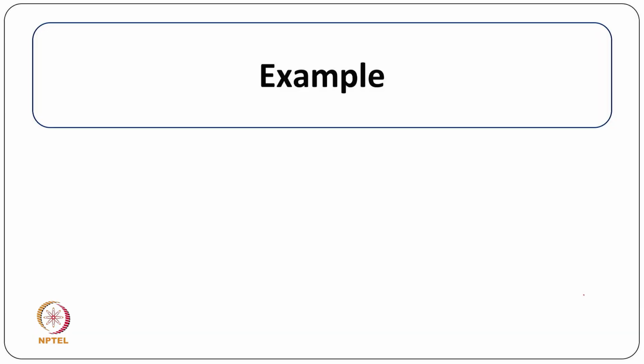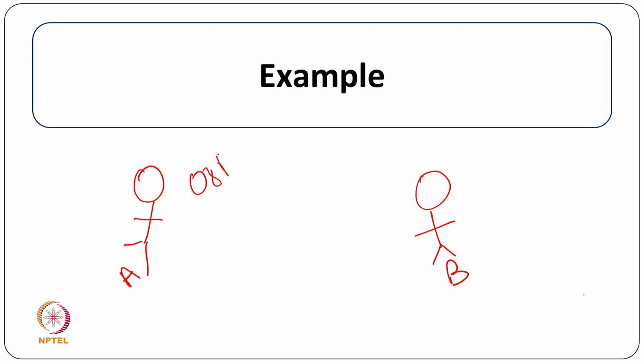Say for example this is scientist A and this is scientist B. Scientist A has 8 publications and 5 citations, and scientist B has, let's say, 10 publications and 3 citations.